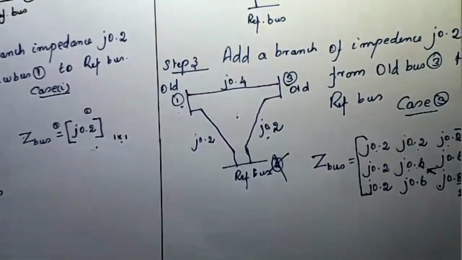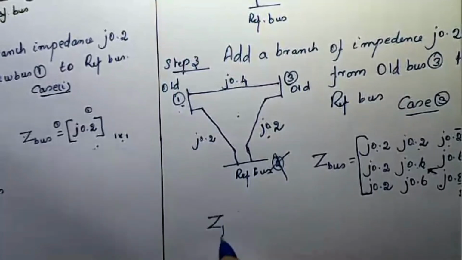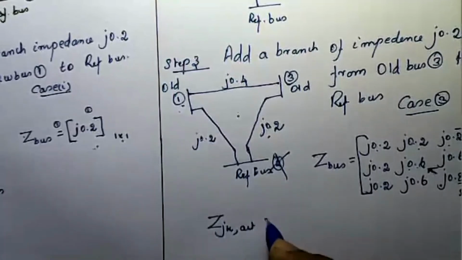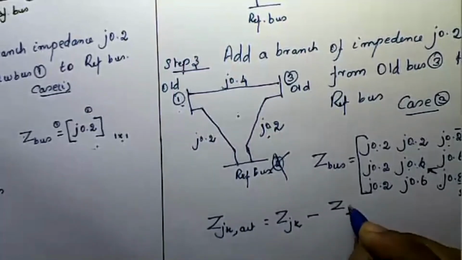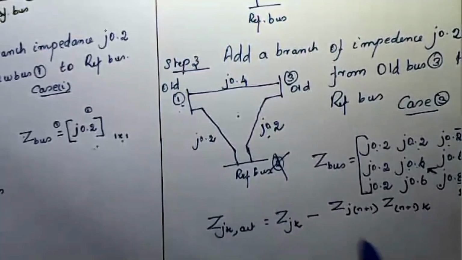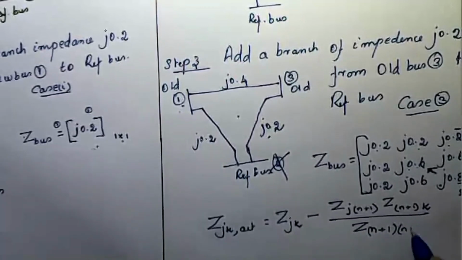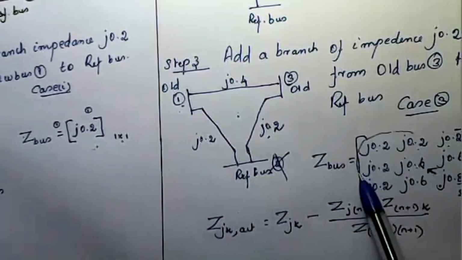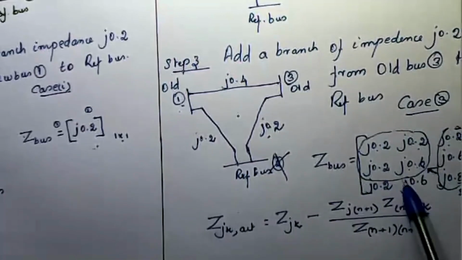Reduce this matrix using the elimination formula: Zjk actual is equal to Zjk minus Zj(n+1) Z(n+1)k divided by Z(n+1)(n+1). Using this formula, modify these elements and omit the last column and last row, and you get the original matrix.